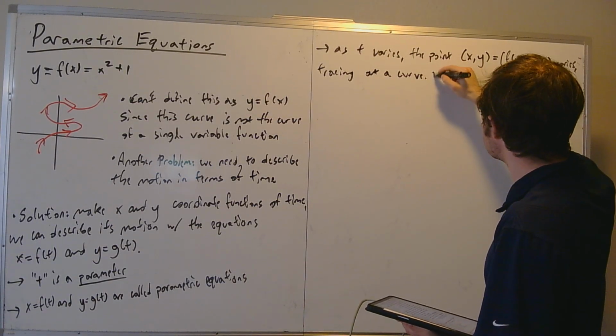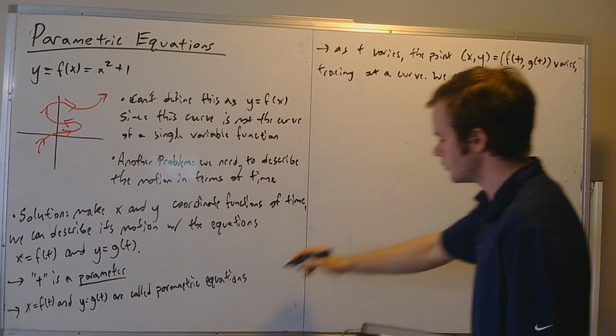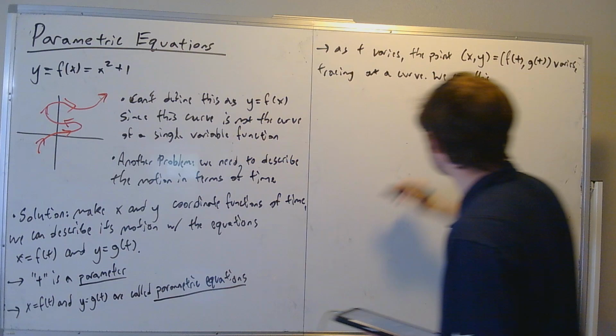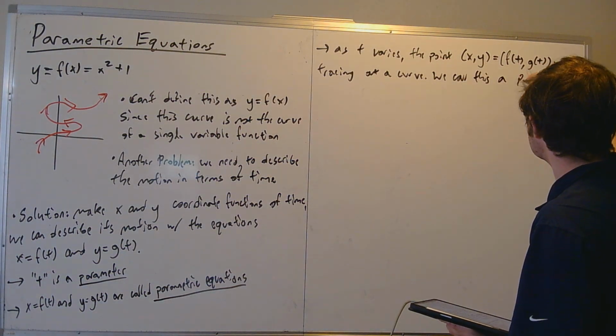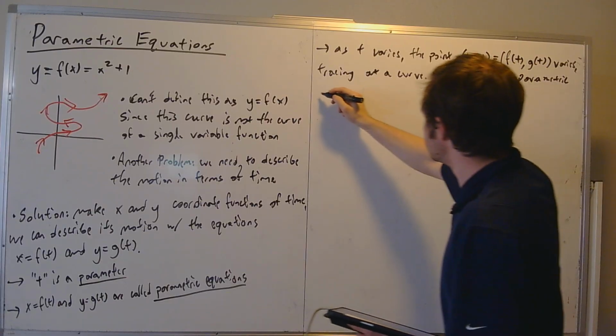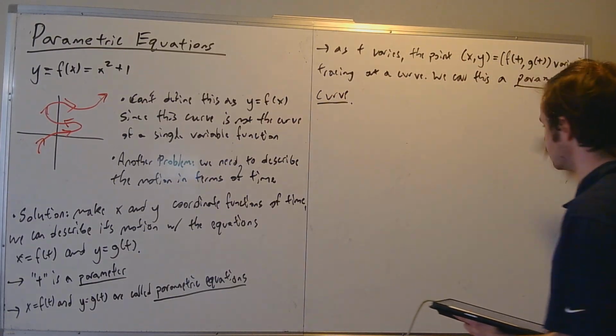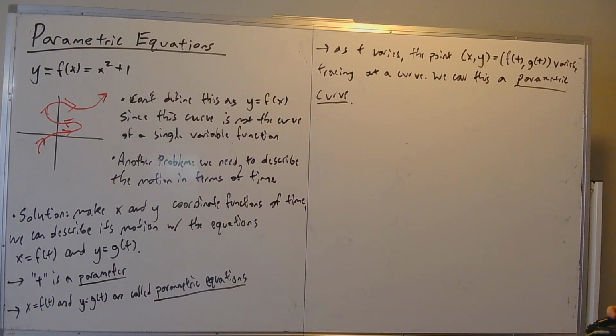And we call this, so these are parametric equations, we call this a parametric curve. Right, so that's going to be called a parametric curve.